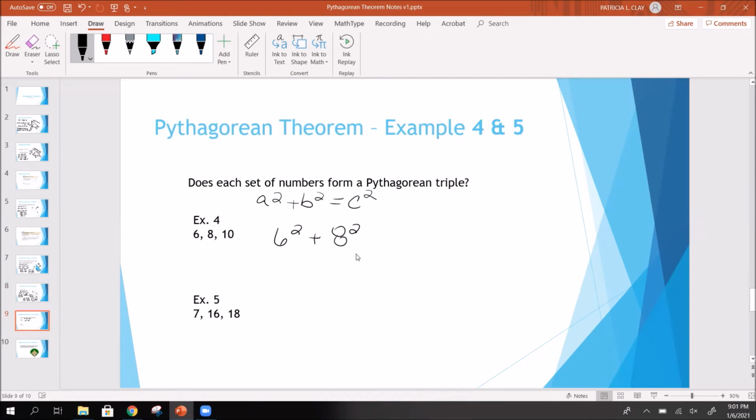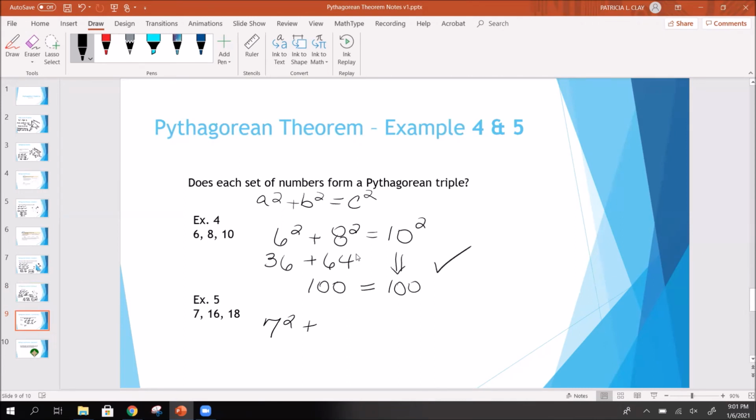We take the two smallest sides, right? The hypotenuse is always the longest. So we got 36 plus 64. So this is equal to 100. And what is this equal to? This is also equal to 100. So those two are a triple. There we go. Let's try this next one.